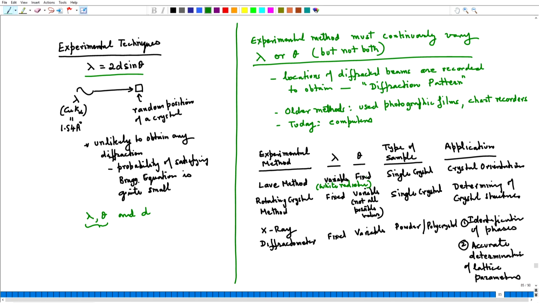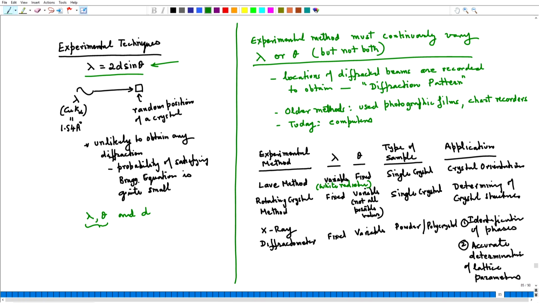Therefore, for the incident beam X-rays, all the HKL planes are at some very specific angles. But the Bragg's law can be satisfied in the sense that if it hits one particular HKL plane, look at the Bragg's law. So, theta is fixed for a given HKL plane, its interplanar spacing d is fixed, it will pick out the wavelength out of all the wavelengths that are available and it will produce a diffraction.